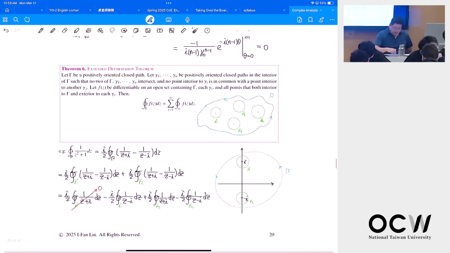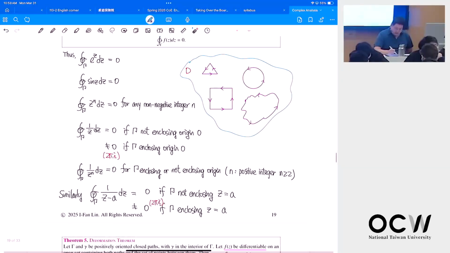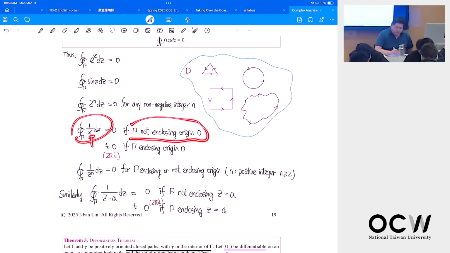Just like if, for this example, the singular point is 0, but if this closed curve does not include the origin, then this integration is 0. Otherwise, it is 2 pi i.